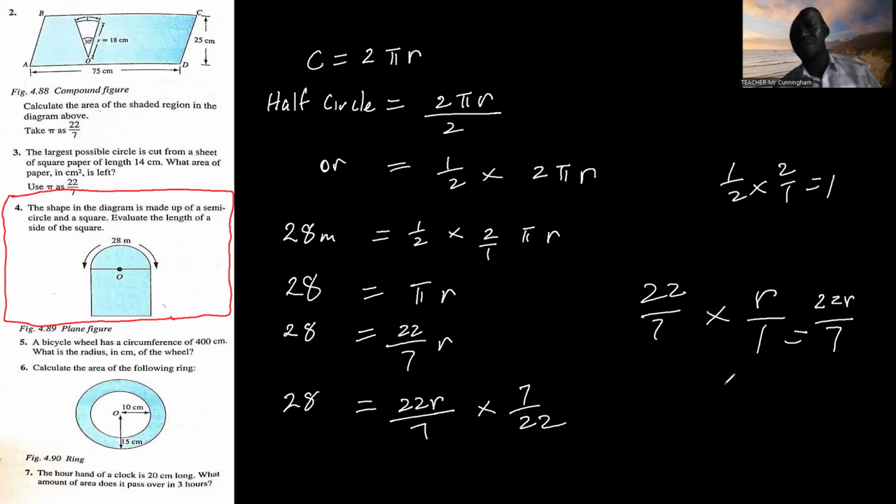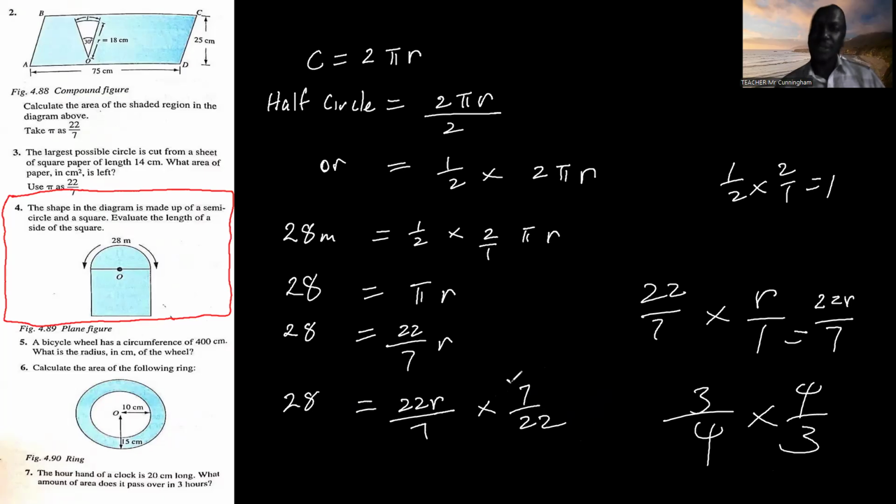If I had 1/5, I would have multiplied by 5 over 1. If I had 3/4, then I would have multiplied by 4 over 3. So remember to invert. So 7 into 7, 1, 22 into 22, 1.